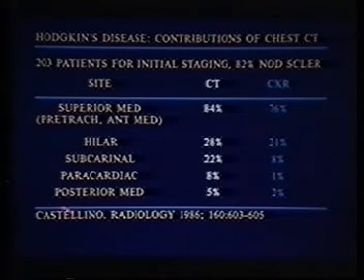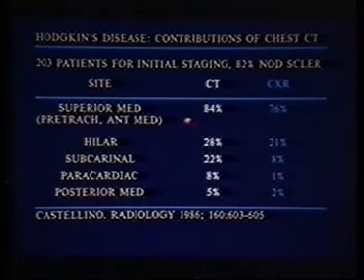And you can see the range of values for involvement of other lymph node groups down below. Plain radiographs, we should note, were most accurate in diagnosing the superior mediastinal adenopathy or hilar adenopathy, and were much less accurate in diagnosing subcarinal, pericardiac or posterior mediastinal adenopathy.